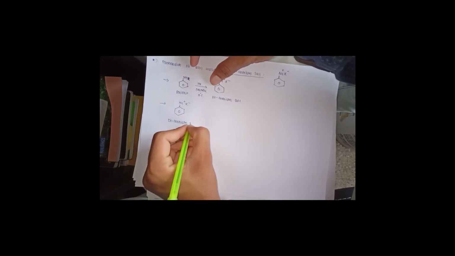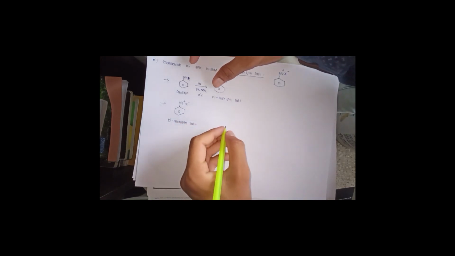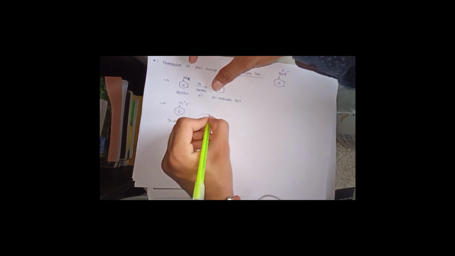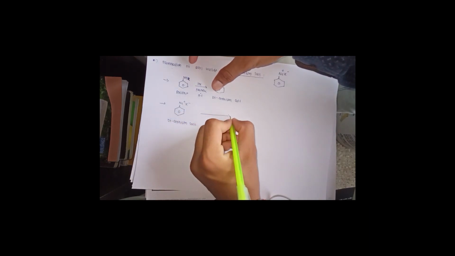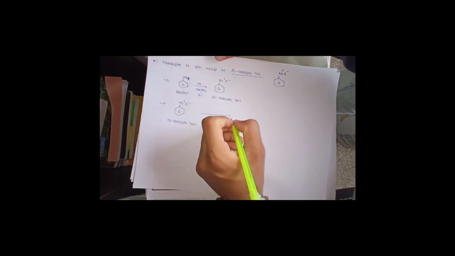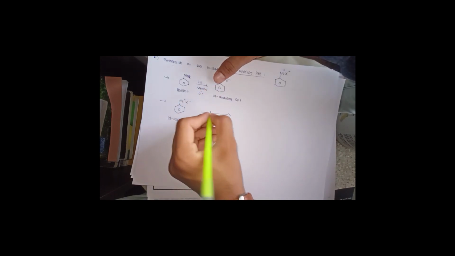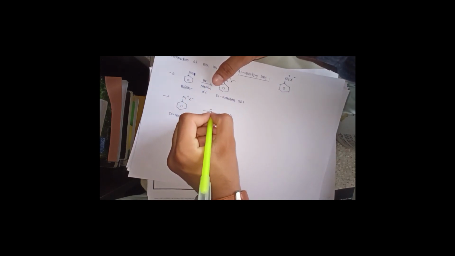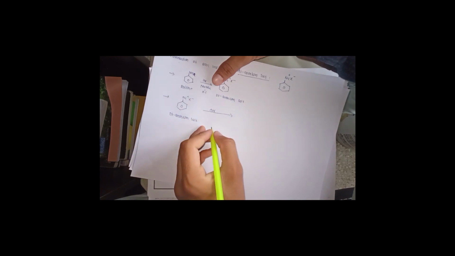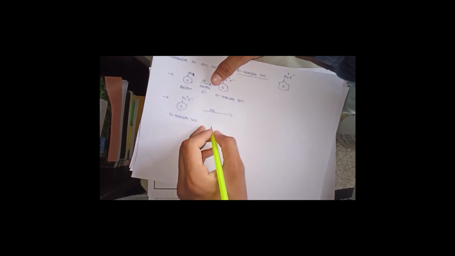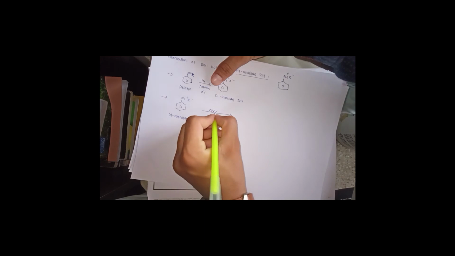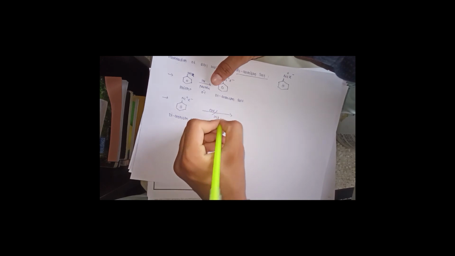To prepare the aryl halide, the diazonium salt reacts with CuX and HX, such as HCl.